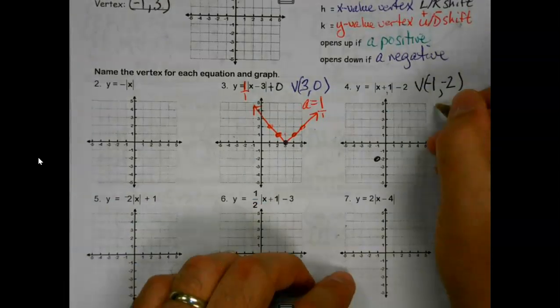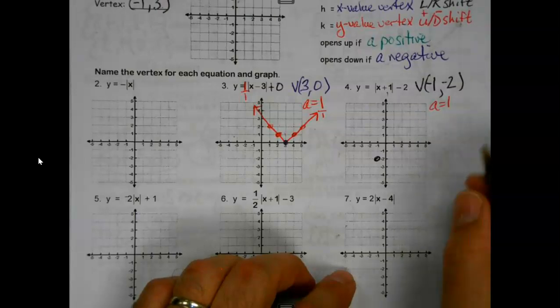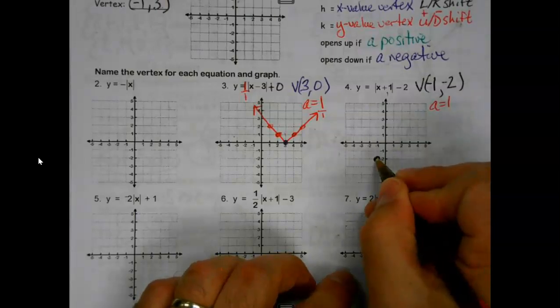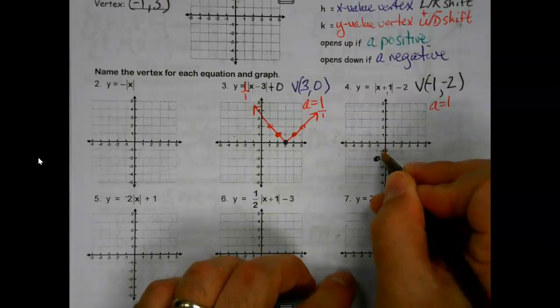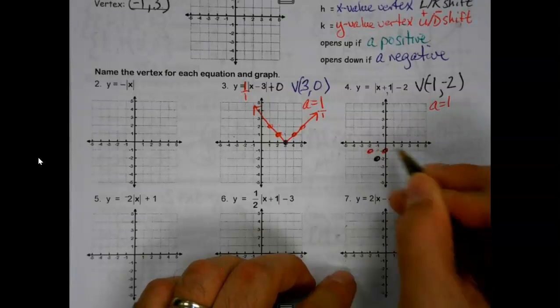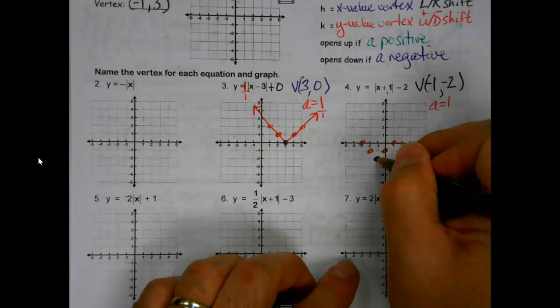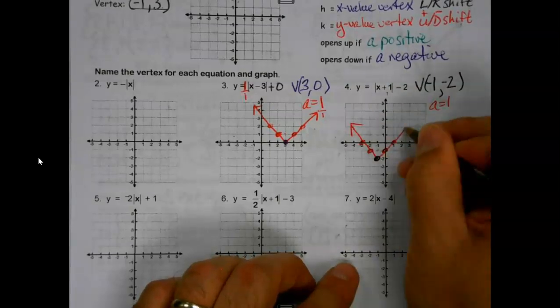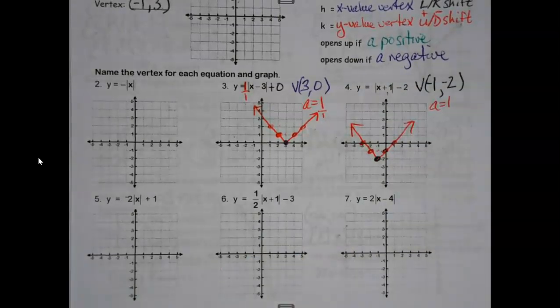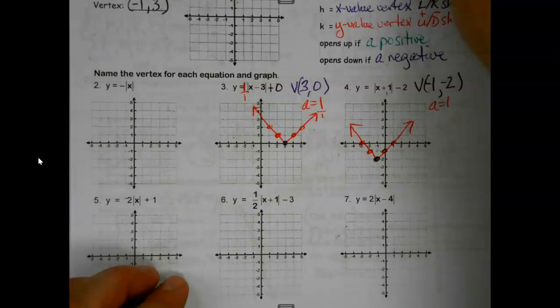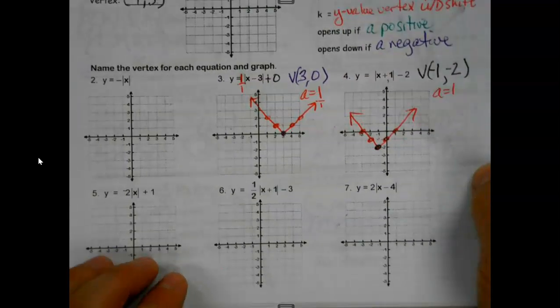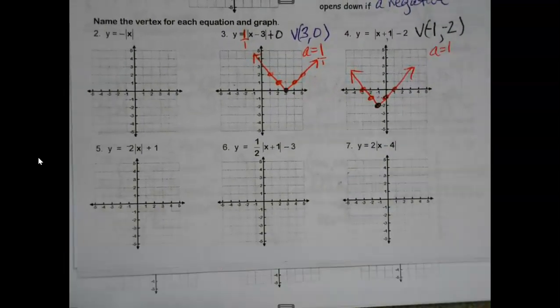My A value conveniently is 1 again. So from that point, up 1 right, up 1 left. We just go both directions, whatever that A value is. It's positive, so I know it opens up. I still can put it in the calculator if I'm not sure, if I want to double check or something like that, but for the most part, we should be good.